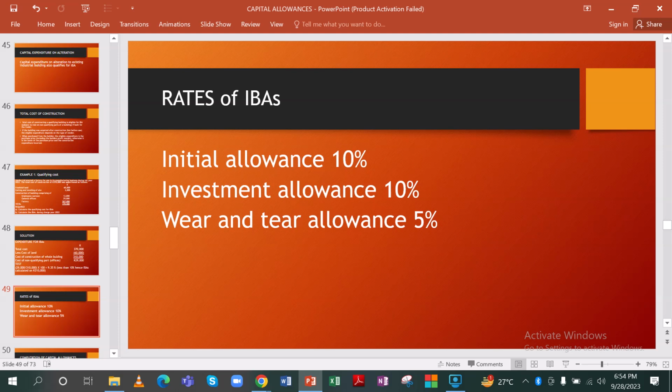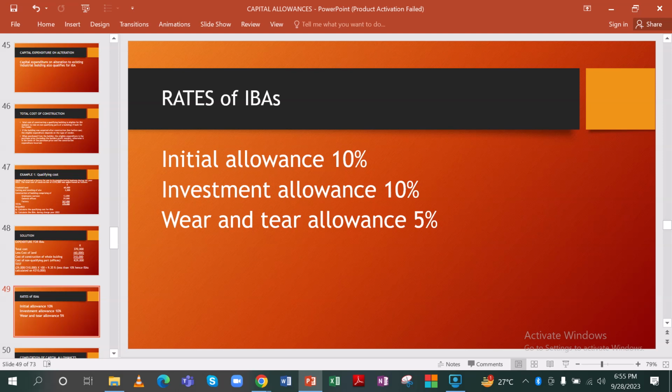Further to the wear and tear allowance, it means that in the first year of use, the owner will claim three types of allowances for industrial buildings: initial allowance 10%, investment allowance 10%, wear and tear allowance 5%. But in the subsequent years, the only allowance that will be claimable is wear and tear, which continues at 5%. So that much you should know.